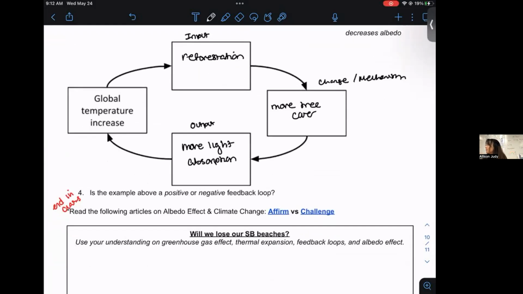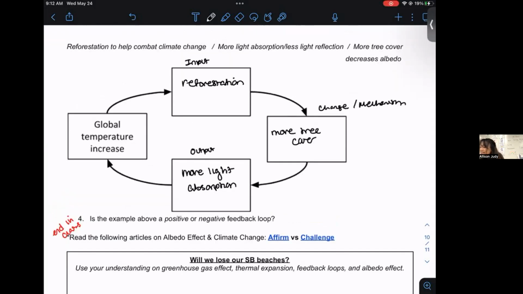It's positive because, well, I could see how you would want to say negative because you say less light reflection, right? But the idea is that our output increases the input. Our output enhances the input of global temperature. We come right back to it and we're like, oh no, right?